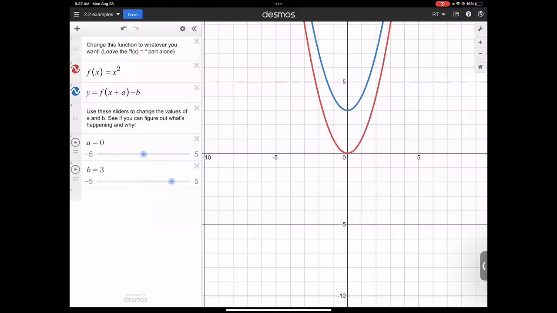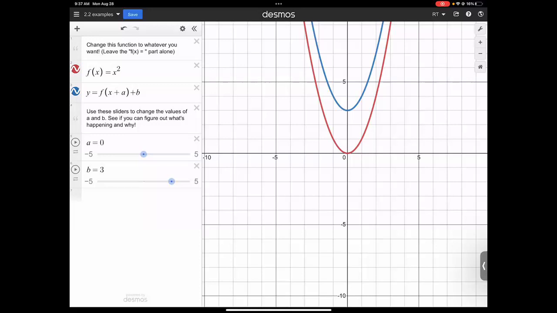So this is happening outside the grouping symbol, outside of the square, after the square. It shifts up and down, vertically. And this one, again, to me anyway, feels more natural, feels right. So one works backwards, the other doesn't. That's a bummer because we've got to keep that straight.